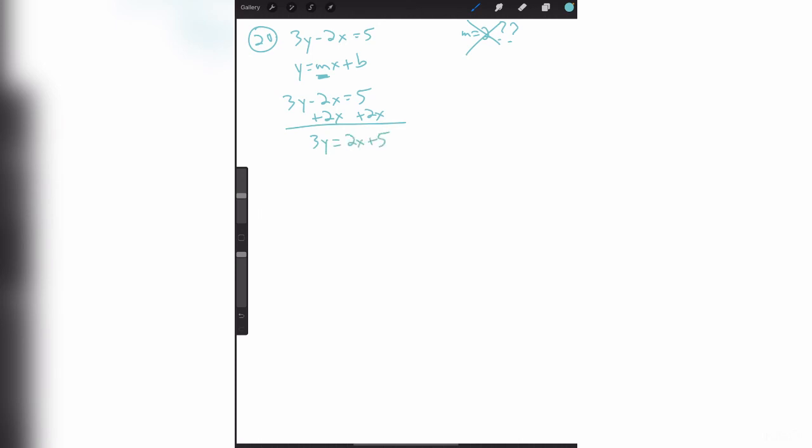And then I'm going to divide each side by 3, every single term, and I get y is equal to 2/3 x plus 5 over 3. Leave it as a fraction. So your friend is saying that the slope is 2. And in this case, we found out the slope is actually 2/3.